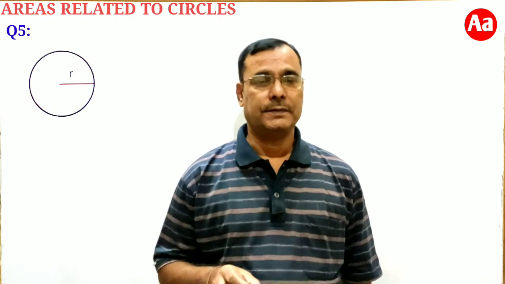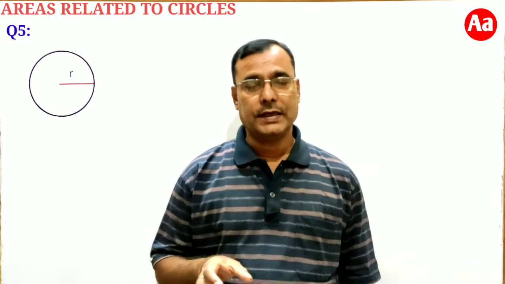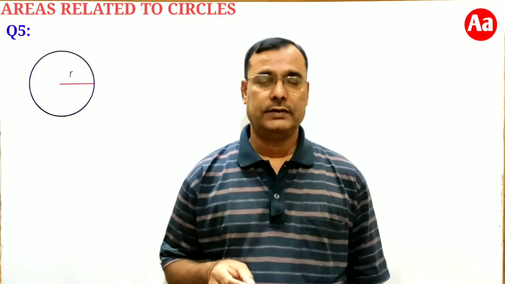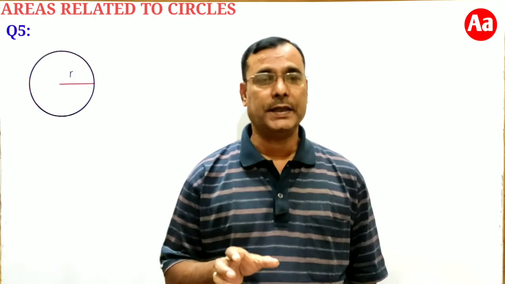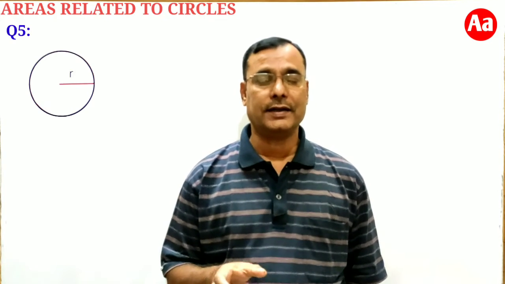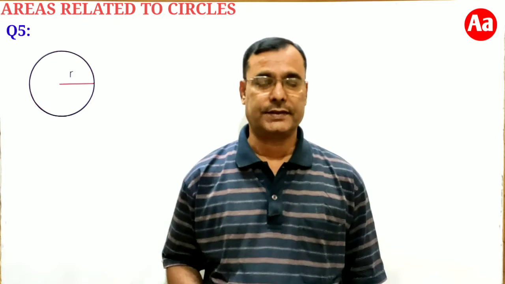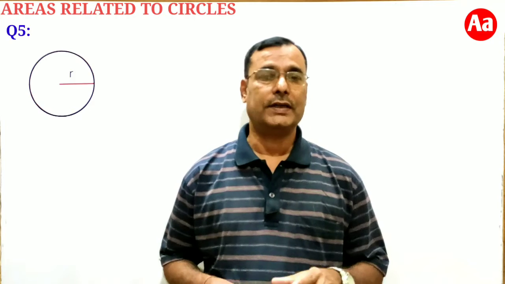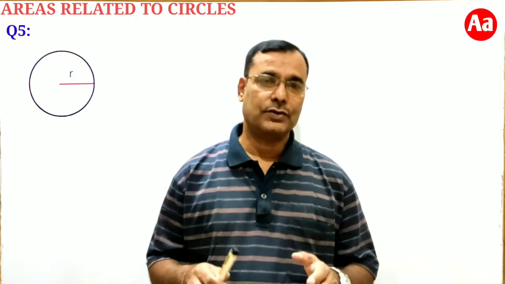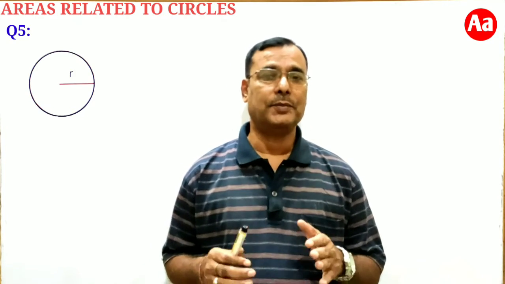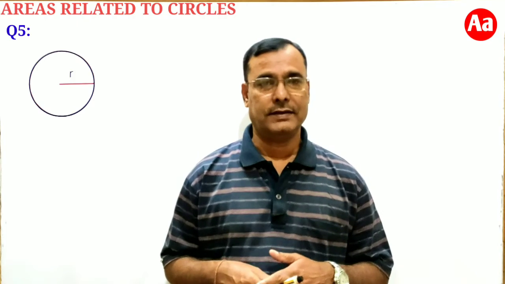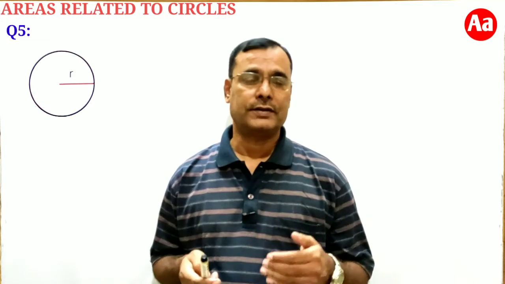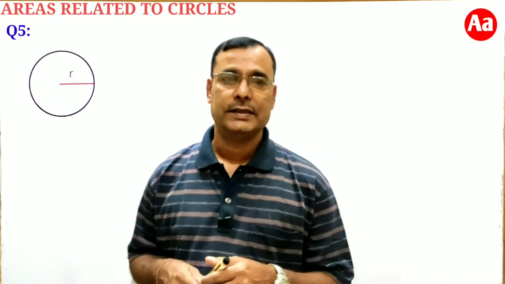Here in this question, perimeter and area of a circle are numerically equal, means magnitude of perimeter and area are equal, leaving the units, and we have to find under this condition what is radius of the circle. So let us suppose that r be the radius of the circle, and we are going to use formula for circumference and area of the circle.